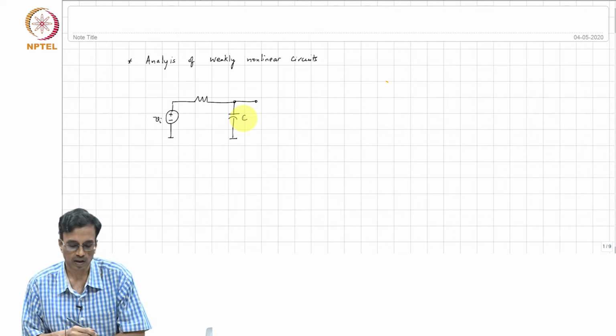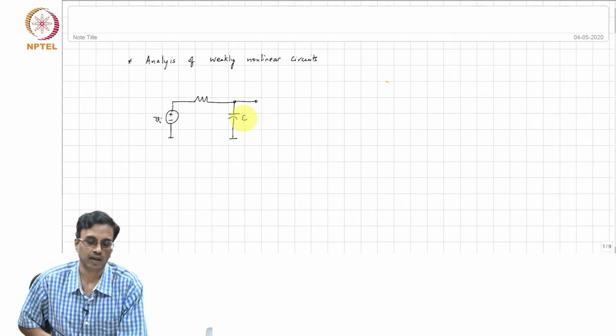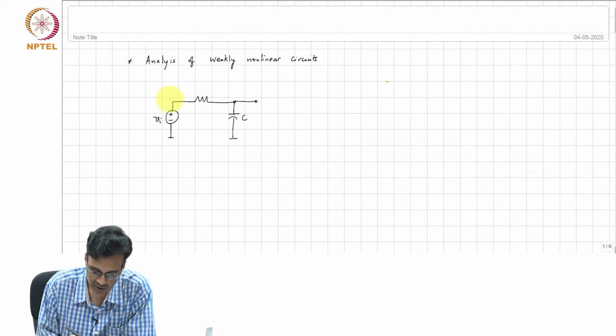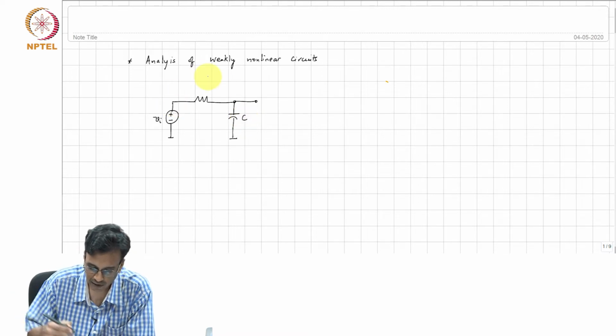Of course, if the resistance was linear, then all of you would laugh at it and say there is nothing to do. Now, the question we are going to ask is what happens if the resistance is nonlinear.